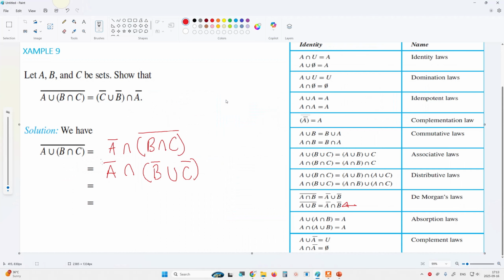Not yet, because I'm going to flip it only when I put this complement inside. What I did here basically, I'm looking at this as if this is A union some Z.